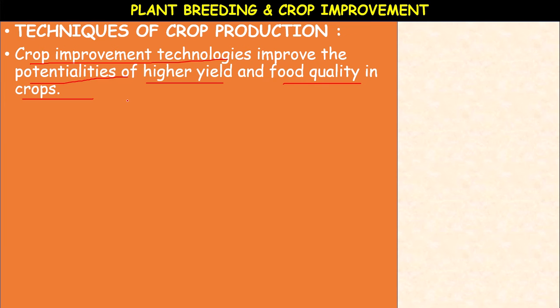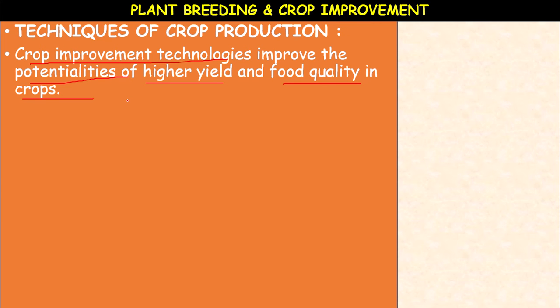So, what are those steps? Like the collection of variability, meaning the entire collection of plants or seeds having all the desired characters for all genes in a given crop, is called germplasm collection. A good germplasm collection is essential for a successful breeding program.